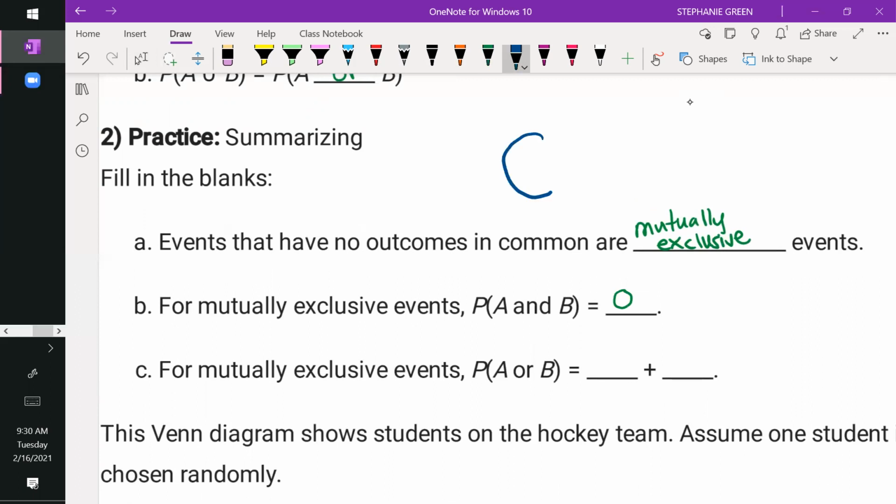The Venn diagram would look like this, where the two circles do not overlap at all. There's no overlap. It would literally be impossible for them to occur at the same time.